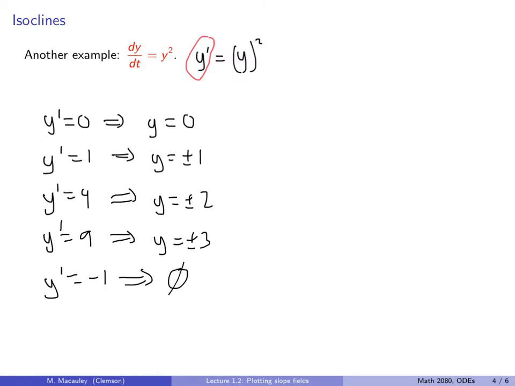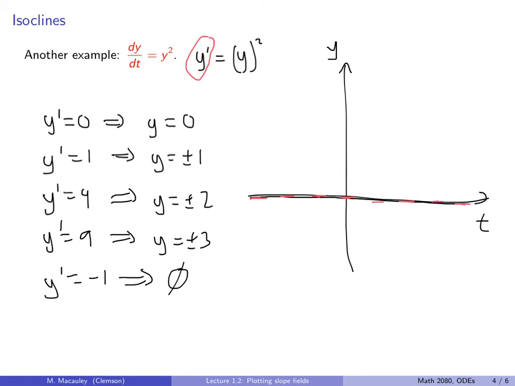Okay, so let's draw this. Let's draw the ty plane as we did before. This is t, this is y. So when y equals 0, that's this line right here, our solutions have slope 0. So we draw these horizontal tick marks along there.